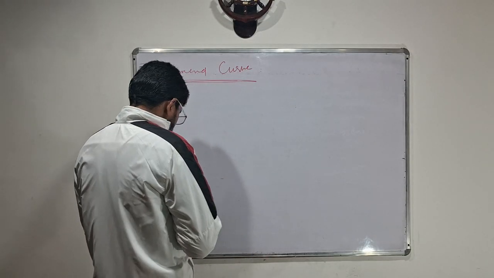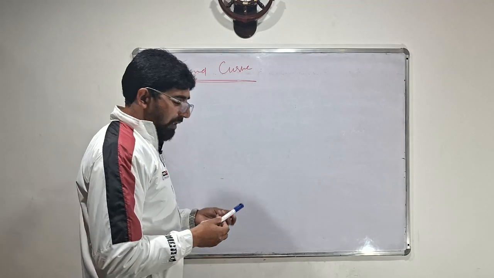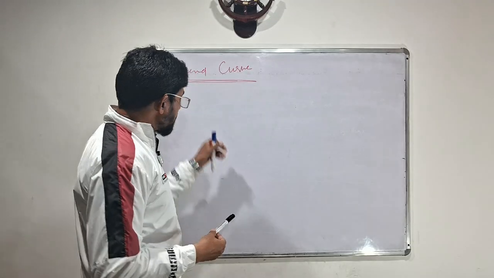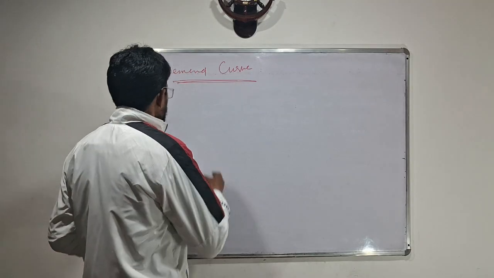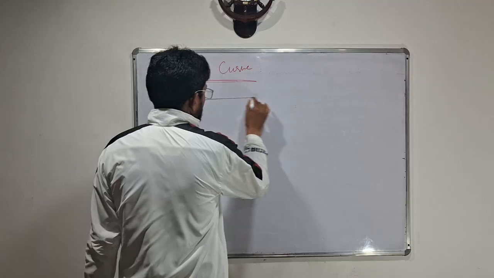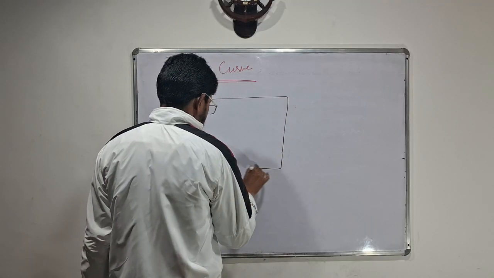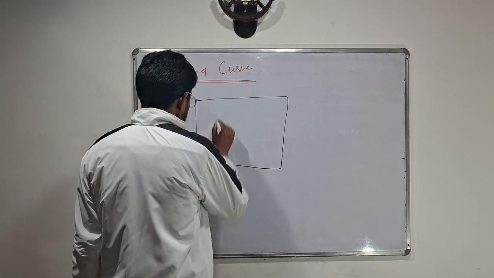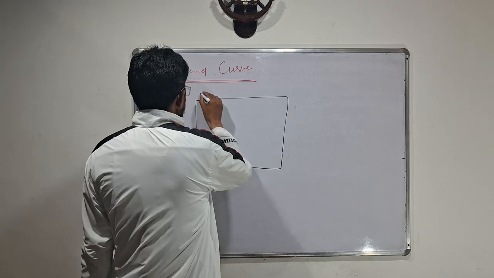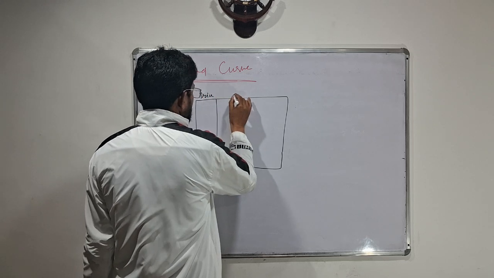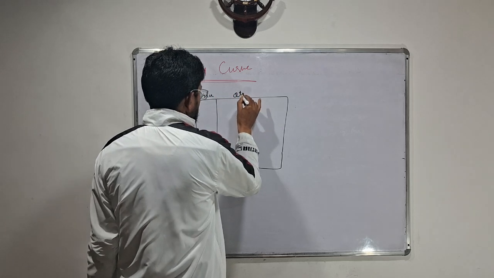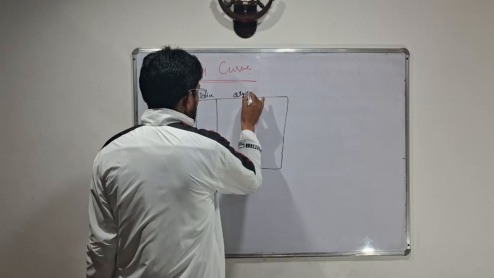As yesterday I discussed, the demand curve is the relationship between price and quantity demanded. This demand curve is based on that schedule. I will draw a schedule for understanding purposes. This is price, this is quantity demand, which I will write in short form.